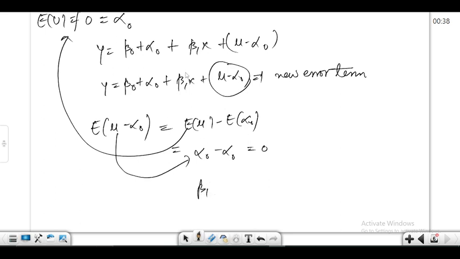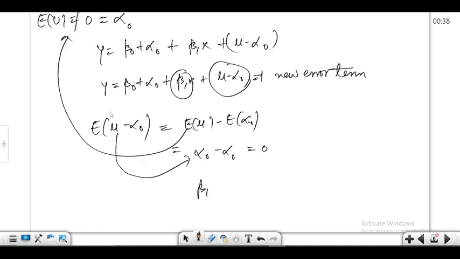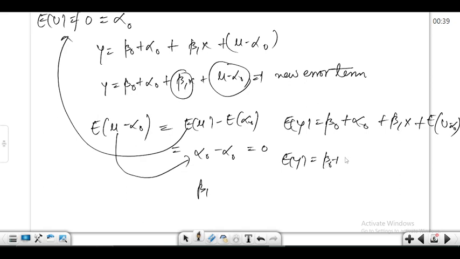So if I take the expected value of this, beta naught plus alpha naught plus beta 1 x plus the expected value of u minus alpha naught, the expected value of y is equal to beta naught plus alpha naught plus beta 1 x plus 0.